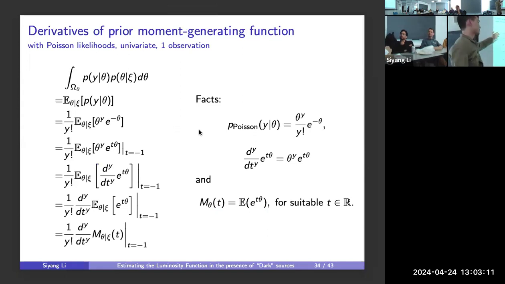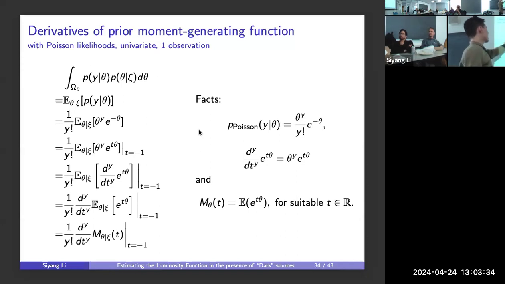Here's the derivation based on these three very simple facts. First we just write down the integral that we would like to find analytically, and then we realize that this is an expectation with respect to the prior distribution, for the likelihood function.